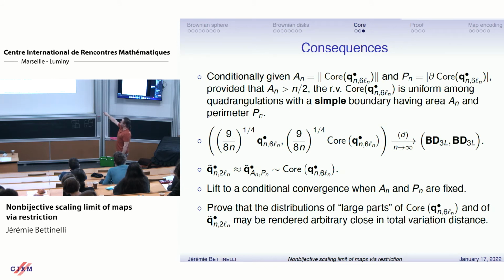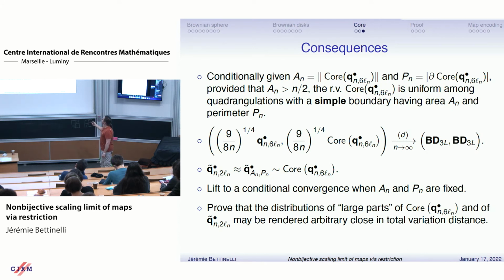We know that this converges to the Brownian disk of parameter 3L. This is the result with Gregory. And if I take the core of this, as the core actually almost has all the faces, it's not very complicated to see that the small components on the boundary, we don't see them at the scale n to the 1/4, and the core also converges to the same object.